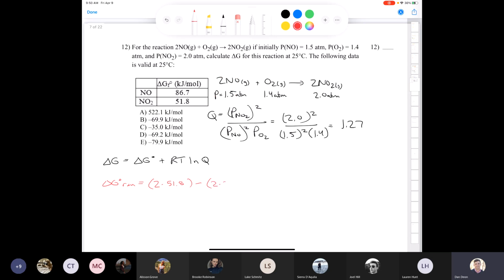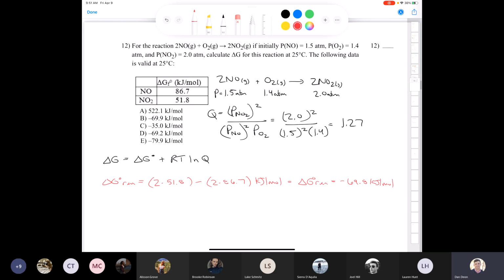So 2 times 86.7. Notice that this is in kilojoules per mole. Also notice I don't have a delta G of formation for oxygen because it's in its standard state. It would be 0. And so I get a delta G naught for my reaction being equal to negative 69.8 kilojoules per mole. Yeah, I have my delta G naught value, and I have my Q value to plug into here and here.